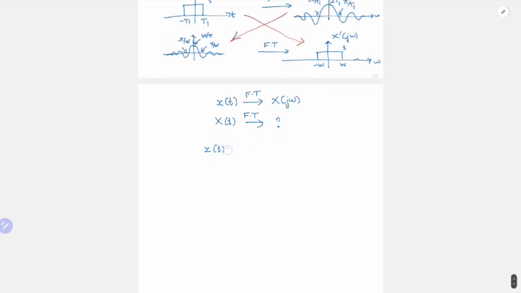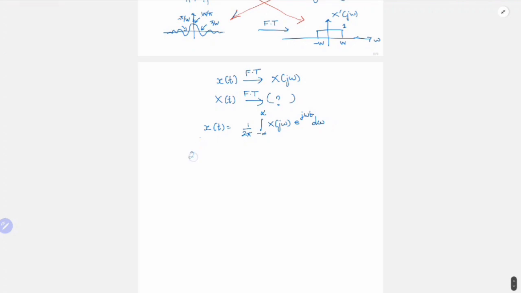First let us take the inverse Fourier transform equation, with e^{jωt} dω. Now we want to find this signal such that its inverse Fourier transform is x of t. So if we modify the right hand side such that we get it as a Fourier transform equation, then whatever is on the left hand side will be the answer. So let us try to do that.